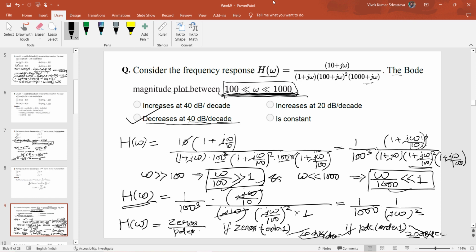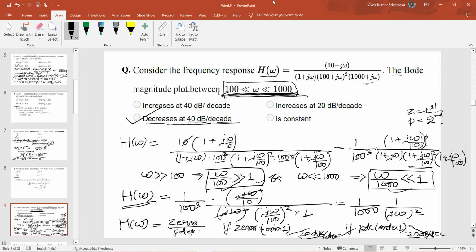Suppose there are zeros and also poles, and there is a first order zero and a second order pole. In this case, the slope of the first order zero, that is 20 dB per decade, will cancel out the slope of the first order in the pole.